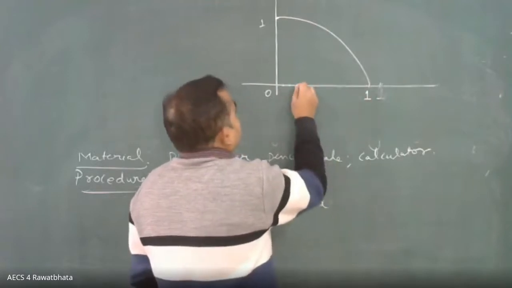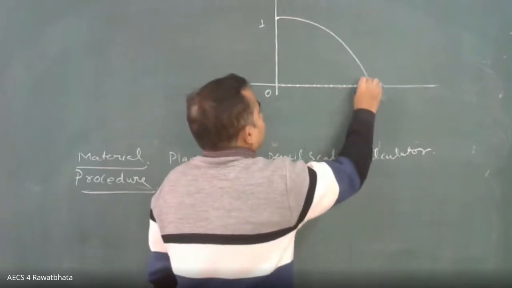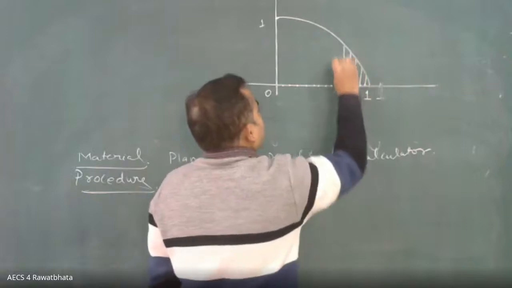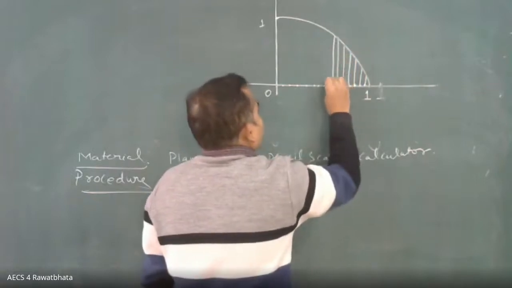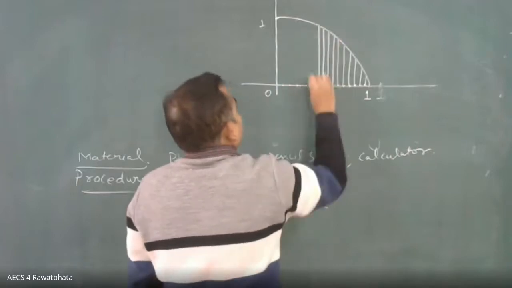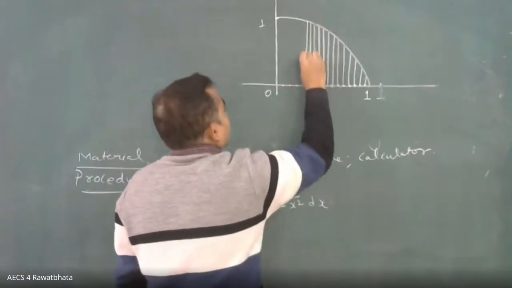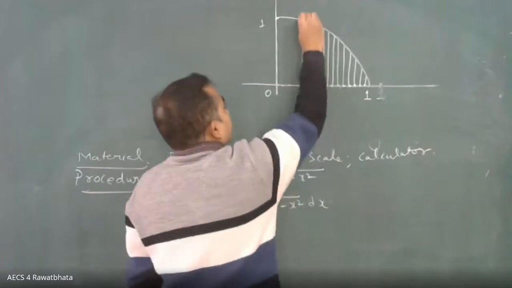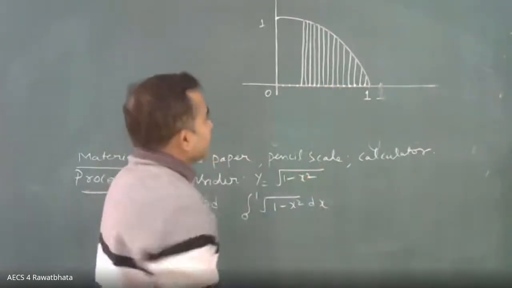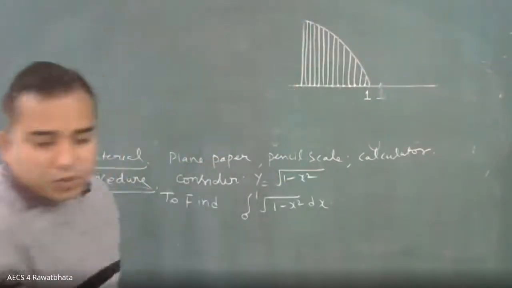And draw the strips here. Draw the strips here. Take ten sub intervals. 1 2 3 4 5 6 7 8 9. I am getting more than 10 here. Let me make it proper. Now it should be proper.